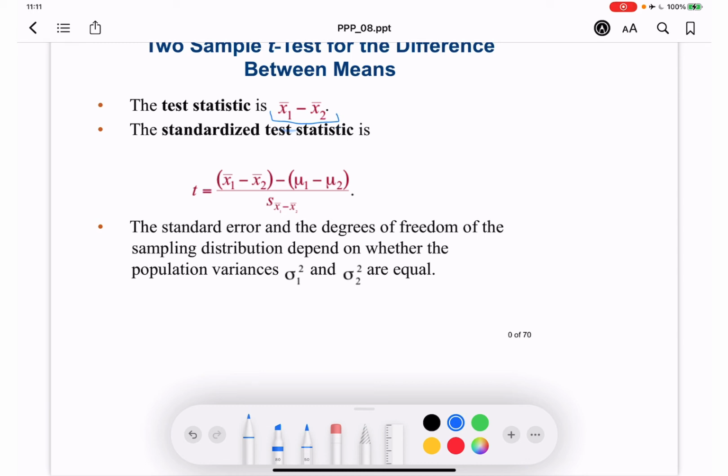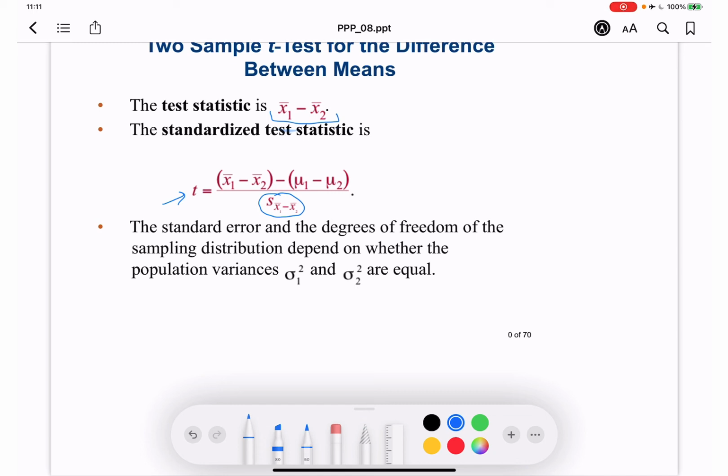And the standardized test statistic, this one is very important because that's the one we're going to calculate. And I will find some online calculator for the standard deviation of the difference of two samples. And that's what we call the standard error, obviously.